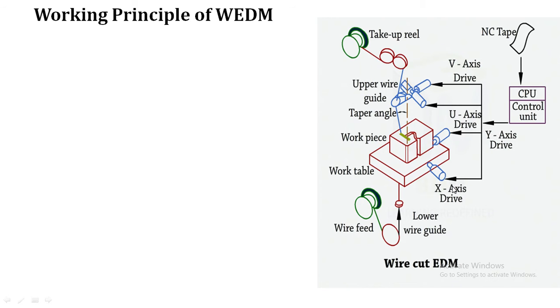Through those various drives we are sending the instructions with the help of the CPU control unit, and according to the instructions fed in from the CPU control unit, all these drives move according to those given instructions. So that is the very important function of this CPU control unit in this wire EDM process.